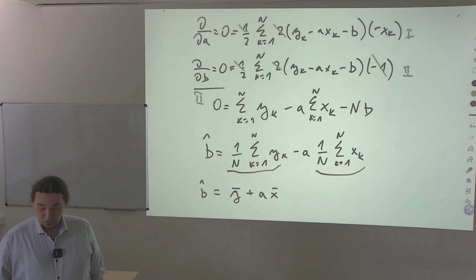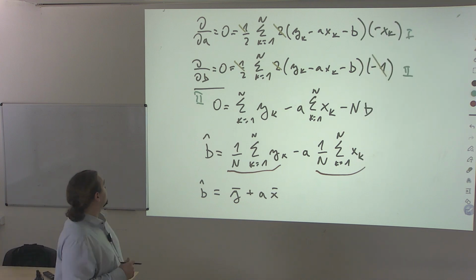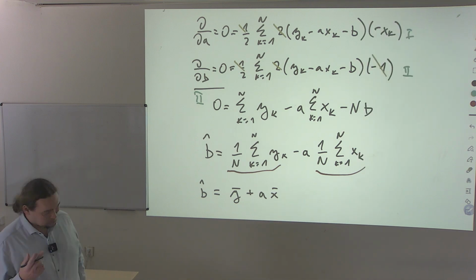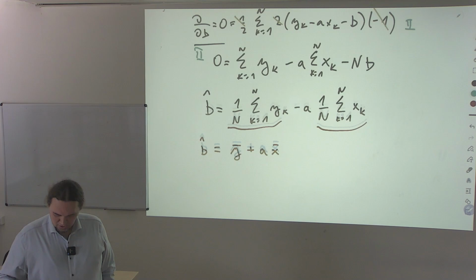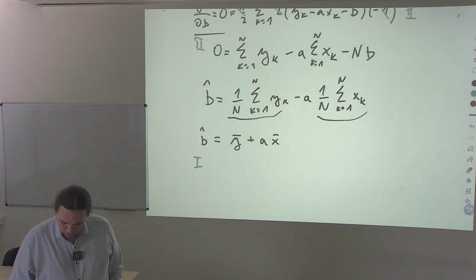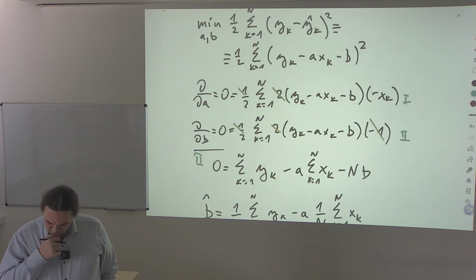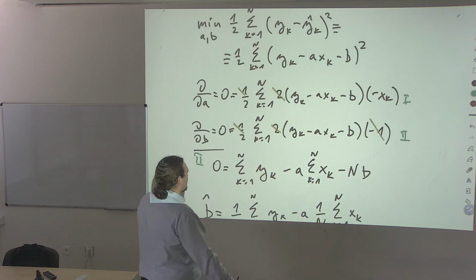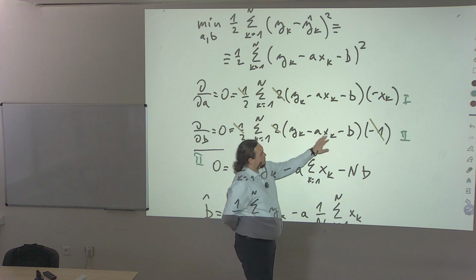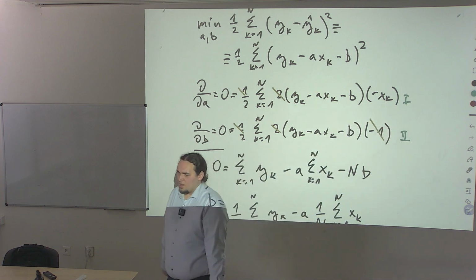It might turn out that this will be similar for our parameter a. Let's try to see whether we get something similar. So the only complication and the difference from the previous equation is that everything here is multiplied by xk.